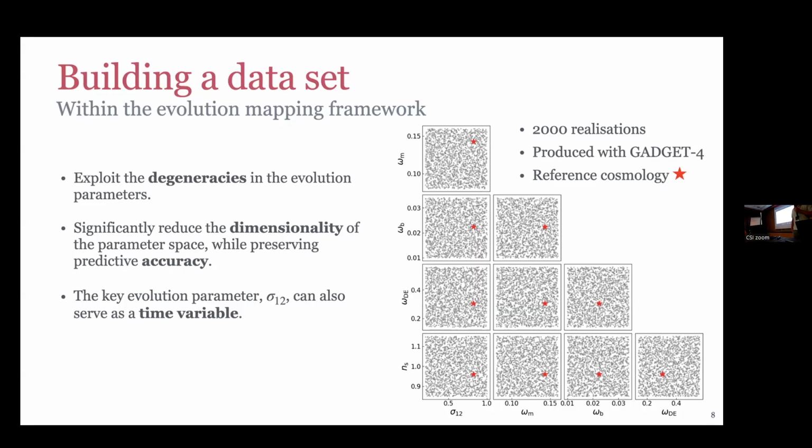As long as your new parameter is an evolution parameter, so if it only changes the amplitude, it's trivial. The problem is if you add a parameter that changes the shape. For example, there was a paper extending evolution mapping to include neutrino mass. So yeah, there are ways, but they are not trivial. I think they depend on the parameter.